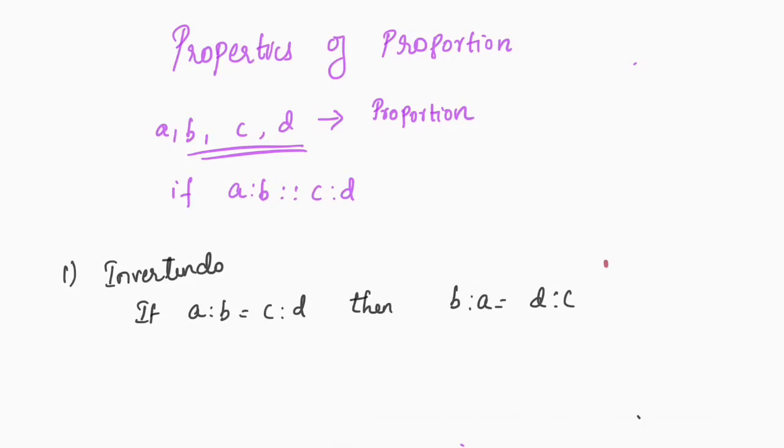If A is to B equals C is to D, then B is to A will be equal to D is to C. So what happened from the first one? It is exchanged, right? A is to B became B is to A. Similarly, C is to D became D is to C. So this is called invertendo.